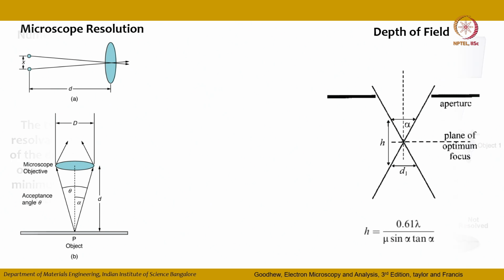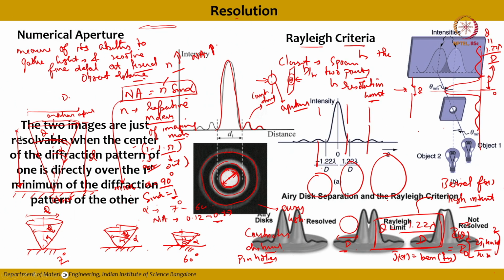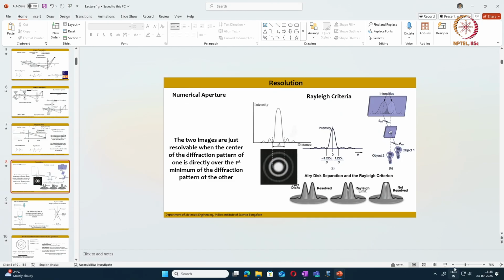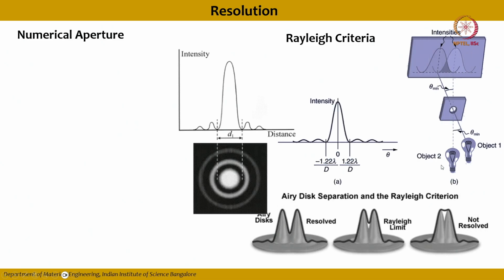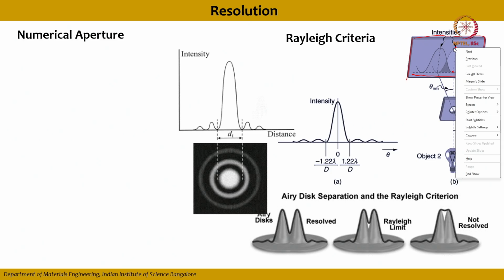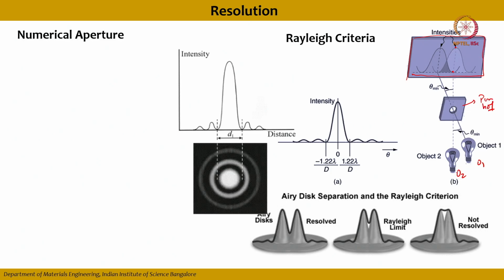Now we will introduce Rayleigh's criterion here. Rayleigh's criterion tells us that if there are two self-illuminating objects, O1 and O2, and their light is passed through a pinhole and the intensity is projected, these two objects can be resolved only when the minimum of one object is at the maximum point of the other object's intensity.